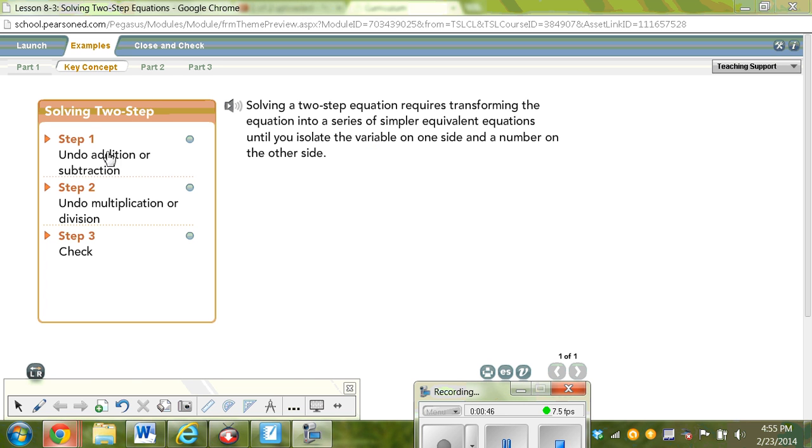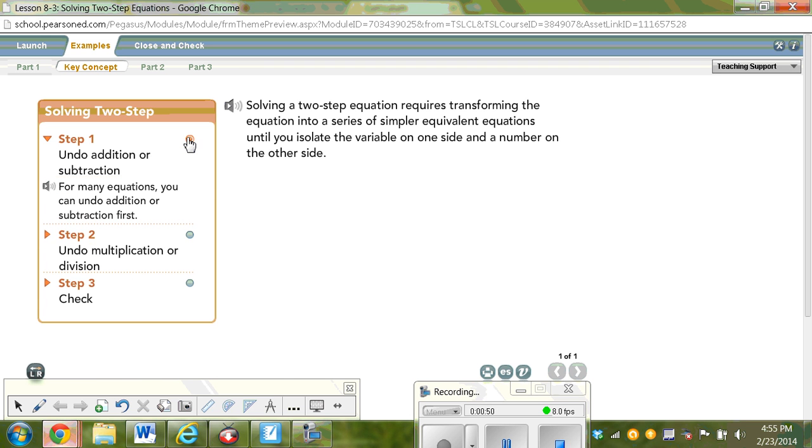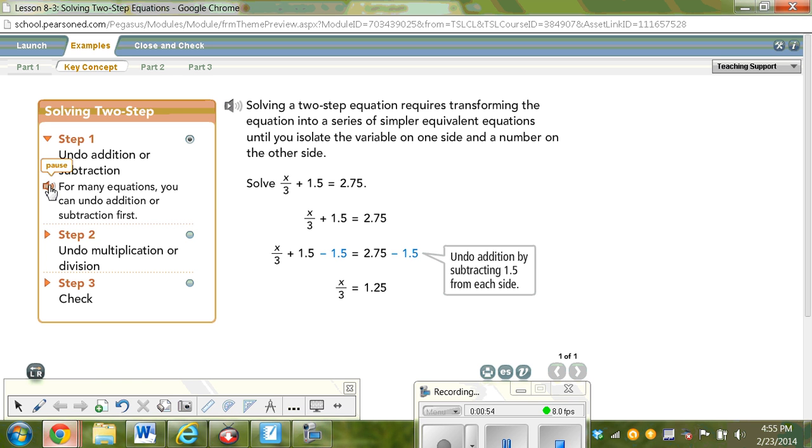Step 1. Undo addition or subtraction. This is essential. Because the audio is not working, I will do the reading and talking. For many equations, you can undo addition or subtraction first. So that's what your job is.